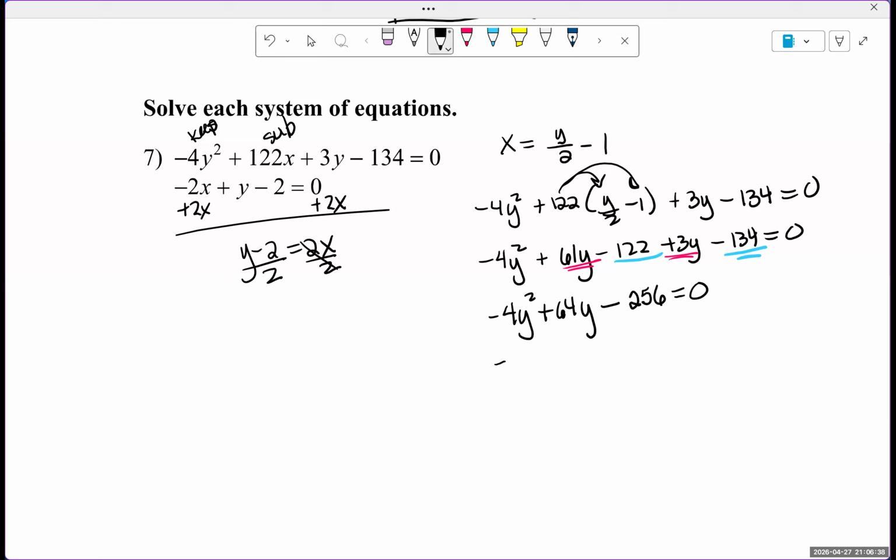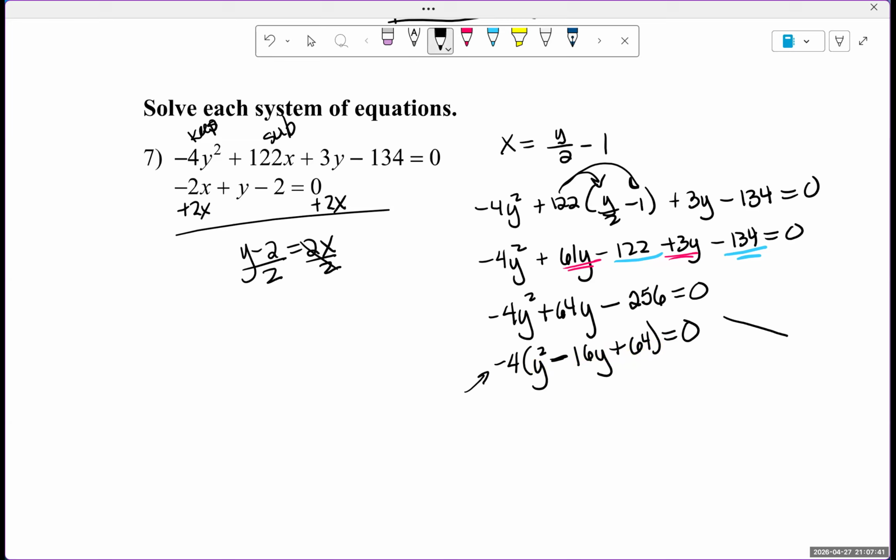Now we're going to factor out a -4. Okay, so now this is just an easy diamond problem. So I need two numbers that multiply. So we're going to have -16 because of this negative we factored out, and positive 64.